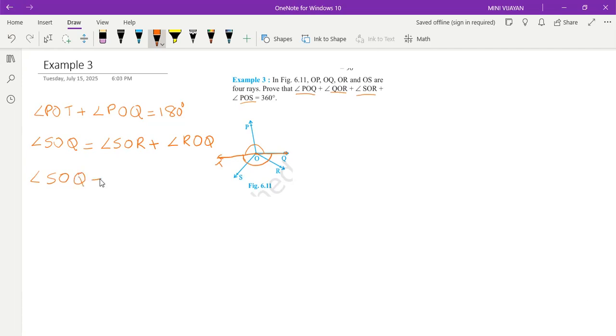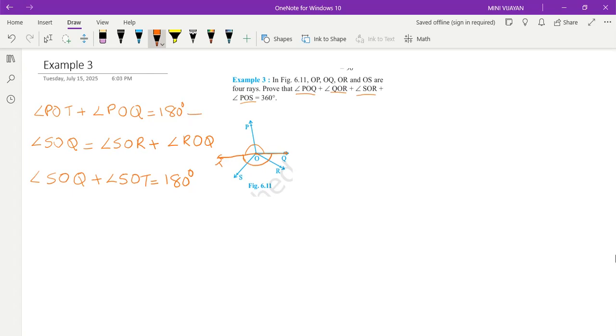So which angle do I need to add with SOQ? SOQ plus, yes, angle SOT, we will get 180 degrees. Clear? So angle SOQ plus angle SOT will make 180 degrees.